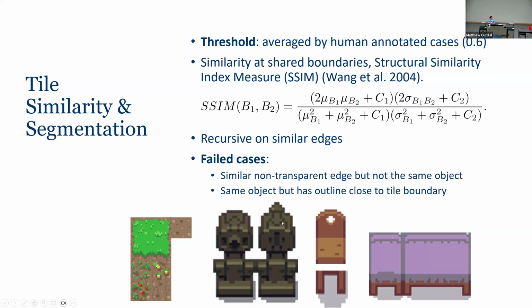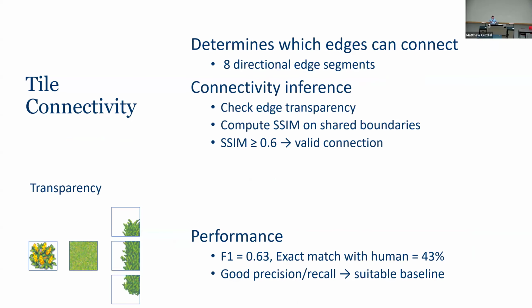And the next part is the connectivity. The connectivity tells us which edge of a tile can attach to neighboring tiles, which is important for constructing a coherent environment. We divided each tile into 8 directional edge segments. For each edge, we first check whether the pixel strip is non-transparent. If it's empty, then it cannot connect. Then we compare the boundary with the neighbor, also using the structural similarity.